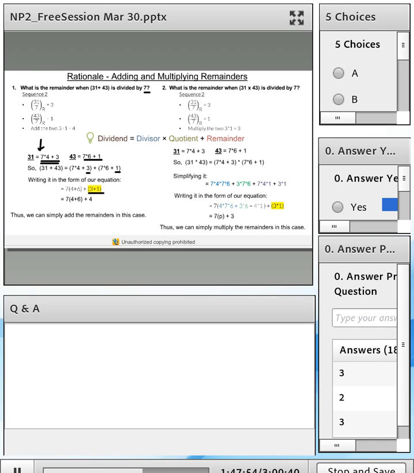Can you please click on still solving? All right.